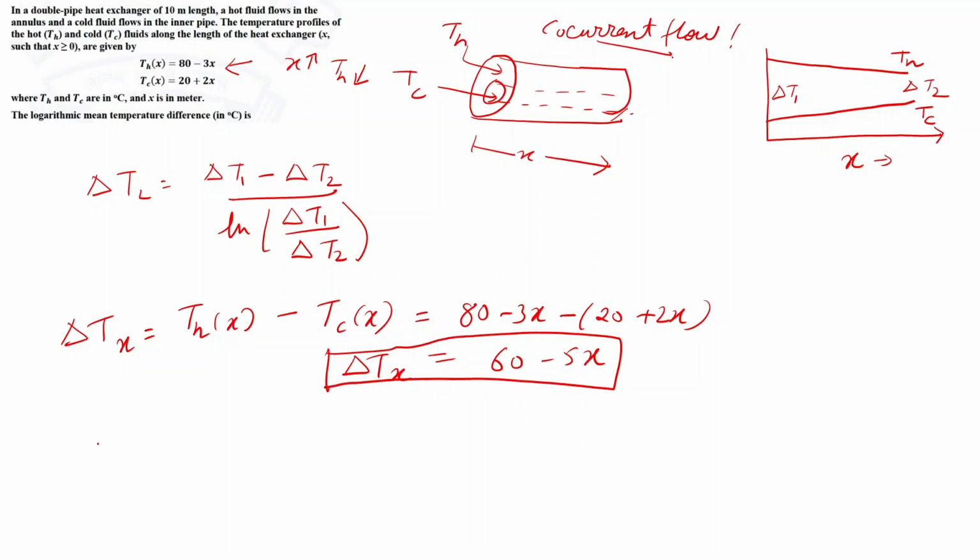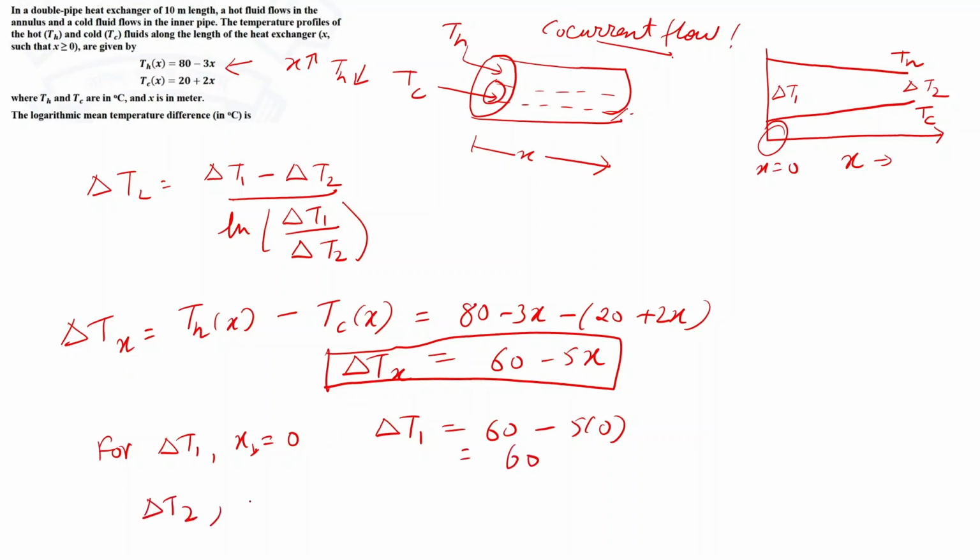Now for delta T1, x is equal to 0. So we will be getting delta T1 is equal to 60 minus 5 of 0. We are considering right now this point, that is my x equal to 0. So it will become 60.